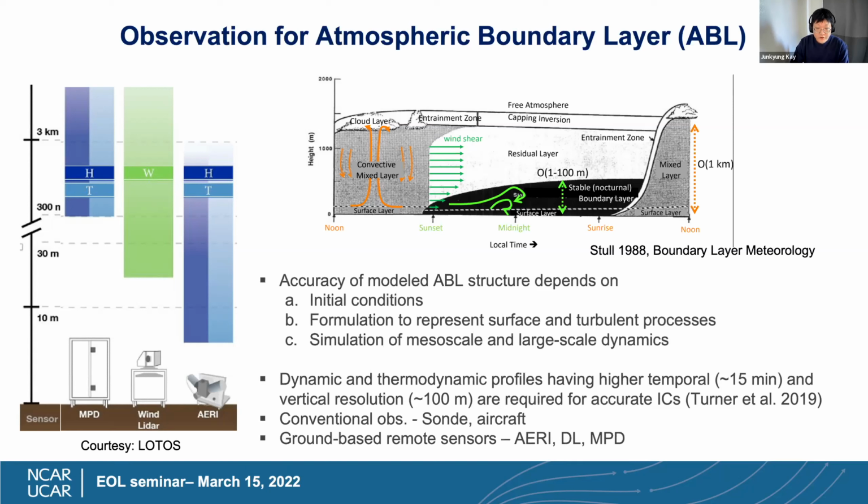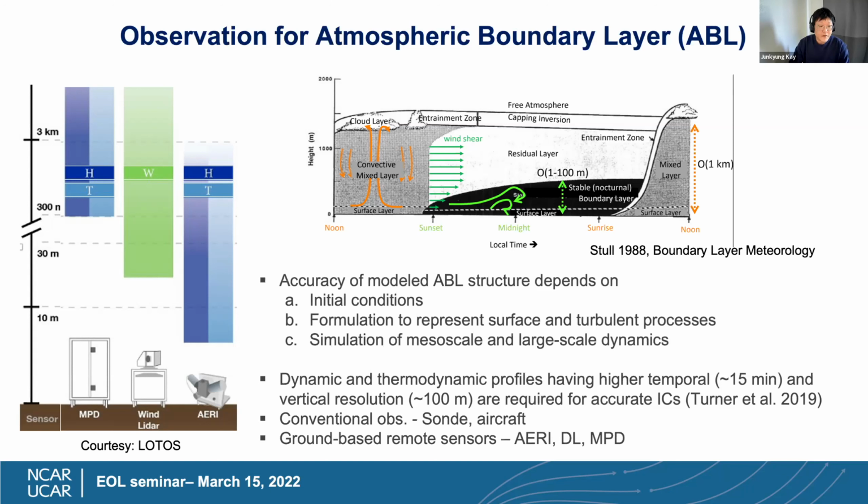To get accurate initial conditions, dynamic and thermodynamic profiles having very high temporal and vertical resolution are required. The existing vertical profile observations in the ABL are from sondes and aircraft data, and they are too coarse to resolve these micro and mesoscale features.